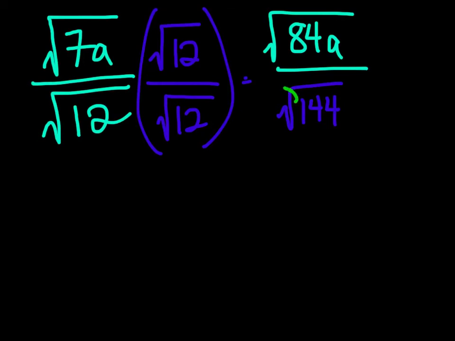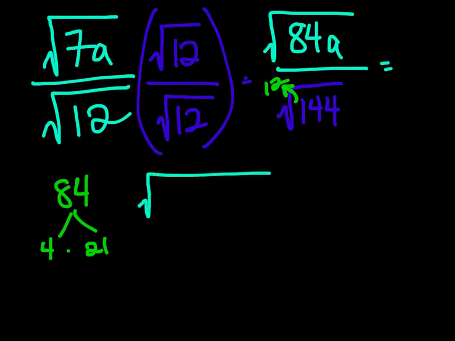Square root of 144 is 12, and 84, let's think factors of 84. We can definitely put a 4 in there, and we can definitely put a 21. So 4 times 21 is what we are going to simplify by, because 21 doesn't have any squared factors, but 4 does. 4 is a squared number.